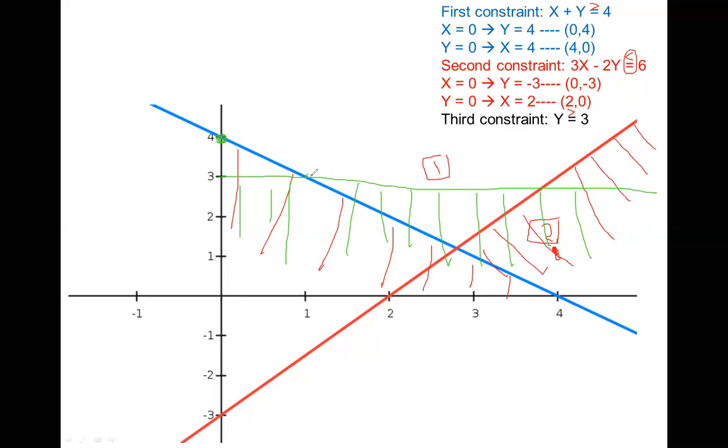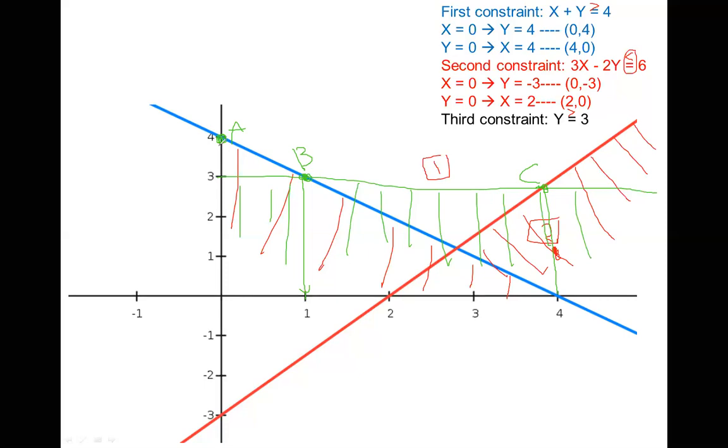The second and third points we need to find out. The first point is 0, 4, the second point is 1, 3, and the third point is 4, 3. If I name them, A is 0, 4, B is 1, 3, and C is 4, 3. But that solution area is an open area. We have 3 corner points.